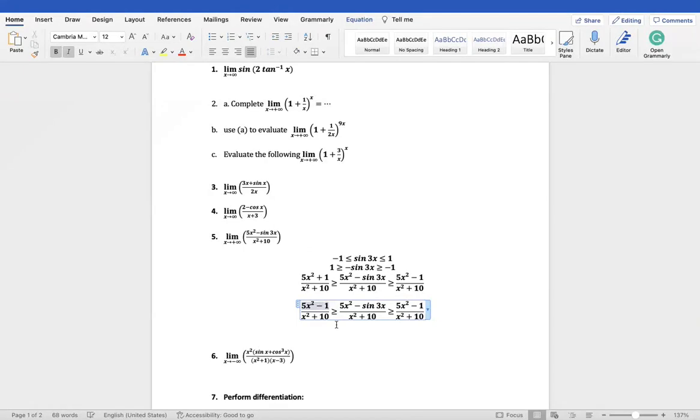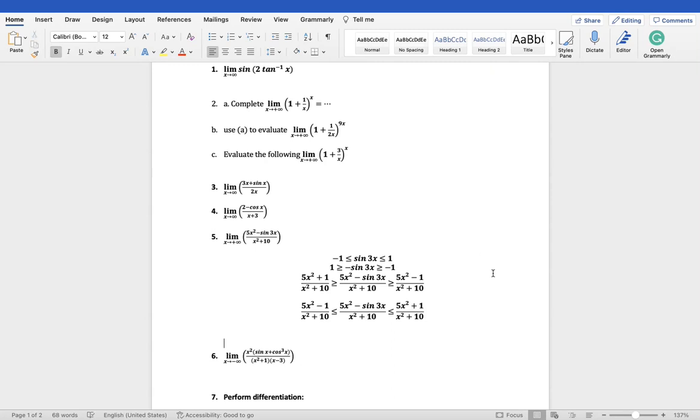So it would become this, and here you have now this. So these two inequalities are equivalent, so they are basically the same.